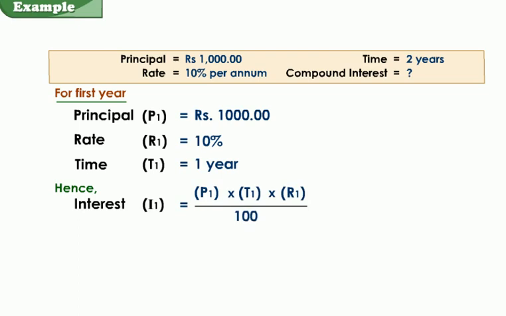Now let us substitute the values. We write I1 equals 1,000 into 1 into 10 divided by 100. That gives us rupees 100.